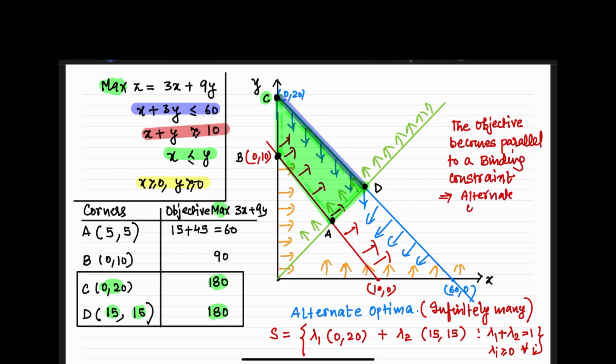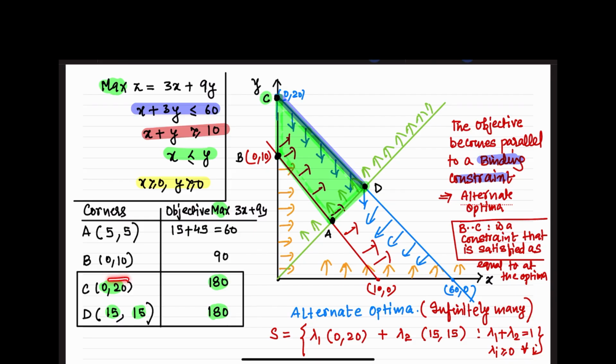What is the definition of a binding constraint? A binding constraint is a constraint that is satisfied as an equal to at the optima. For example, the point of optima that came was 0, 20.